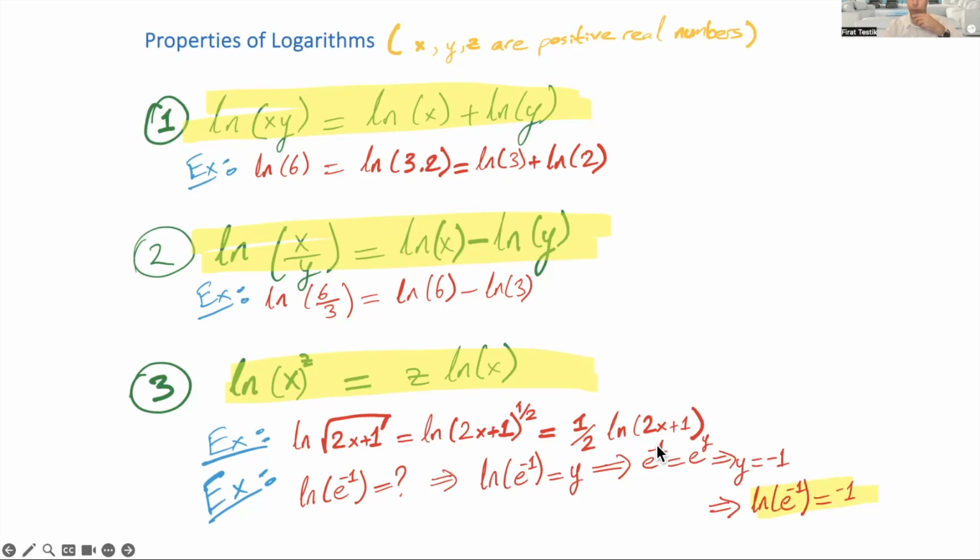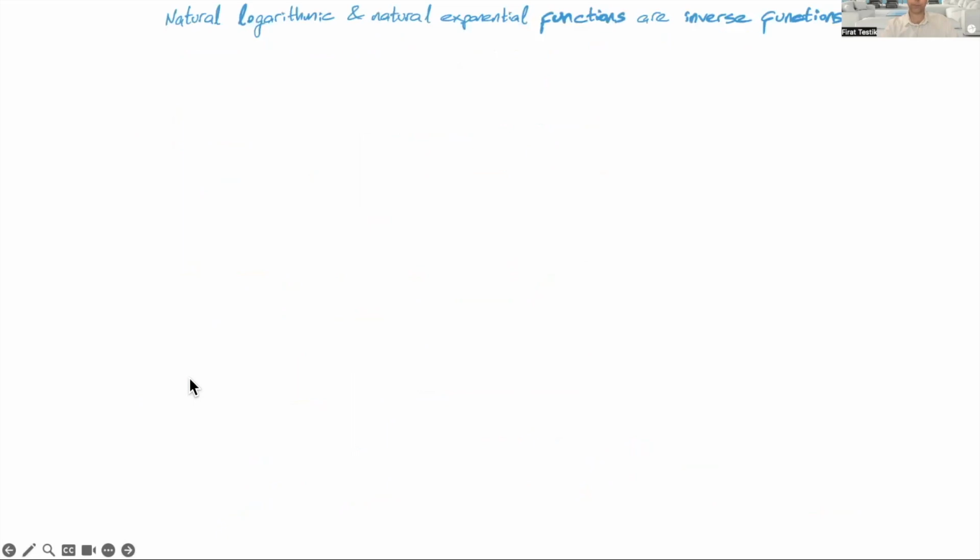Bases are the same, e. So exponents have to be the same. So y should be equal to negative 1. If y is equal to negative 1, then ln e to the negative 1 is equal to y is equal to negative 1. So this is the answer that we obtained from the definition of natural logarithm. But you could also obtain exactly the same result using property 3.